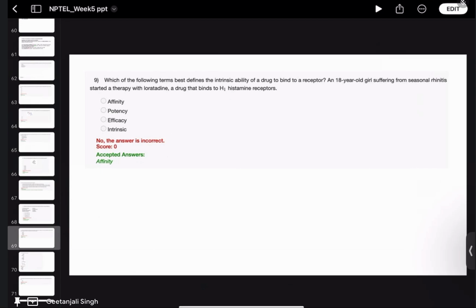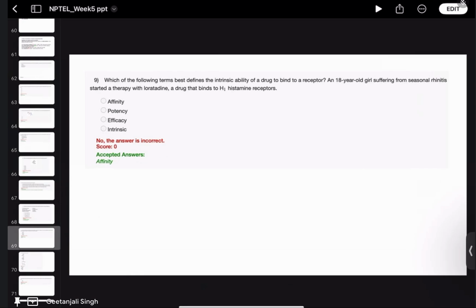Which of the following terms best defines the intrinsic ability of a drug to bind to a receptor? An 18-year-old girl suffering from seasonal rhinitis started a therapy with loratadine, a drug that binds to H1 histamine receptors.